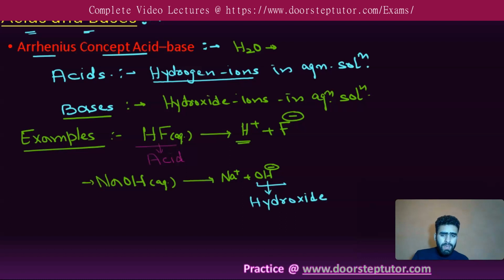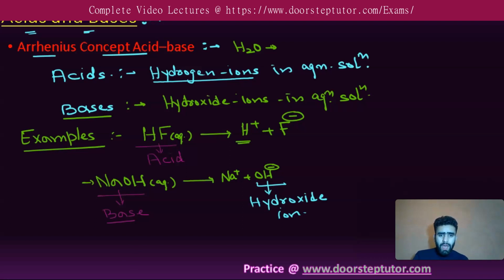So according to Arrhenius, sodium hydroxide acts as a base, because when dissolved in an aqueous solution, it gives hydroxide ion.